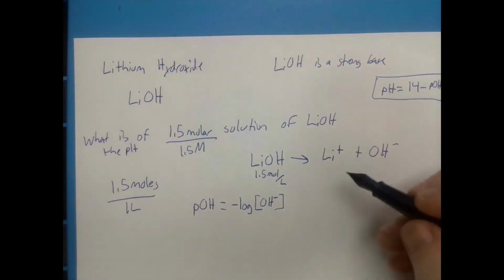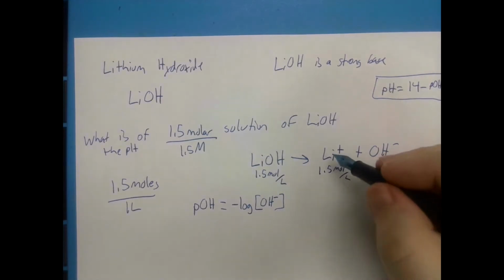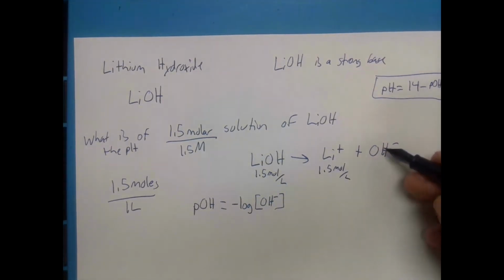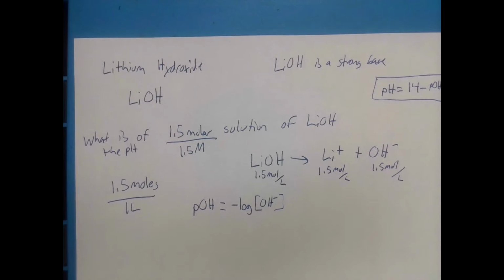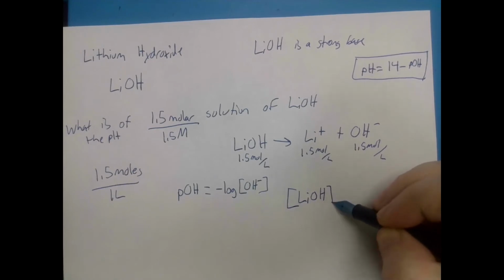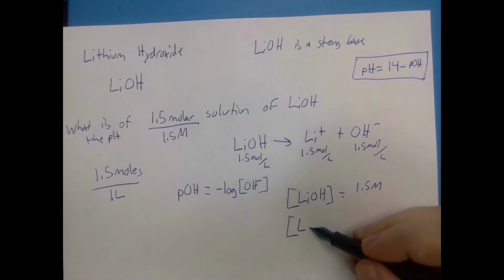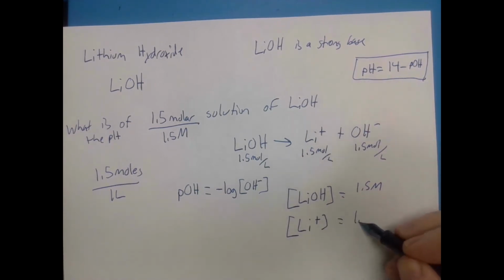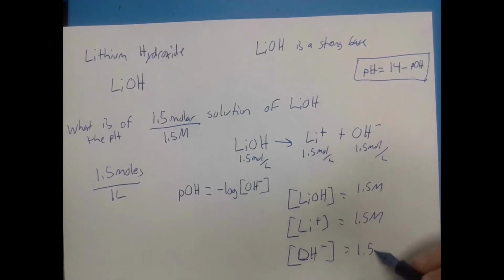And when it breaks apart, we're going to end up with 1.5 moles per every liter of Li plus ions, and equivalently, 1.5 moles of OH ions. So our concentration of LiOH is 1.5 molar, our concentration of Li plus is 1.5 molar, and our concentration of OH minus is 1.5 molar.